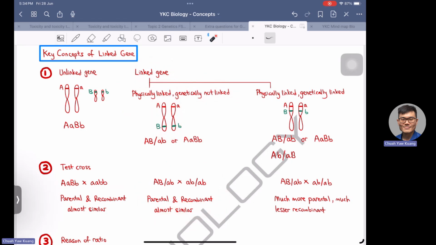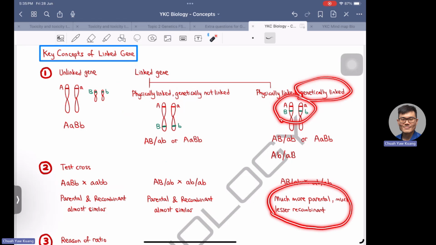The only case that gives you a very high ratio for parental and a very low ratio for recombinant is genetically linked genes, a pair of linked genes close together on the same chromosome. When you do the test cross, you will see much more parental and much fewer recombinant.